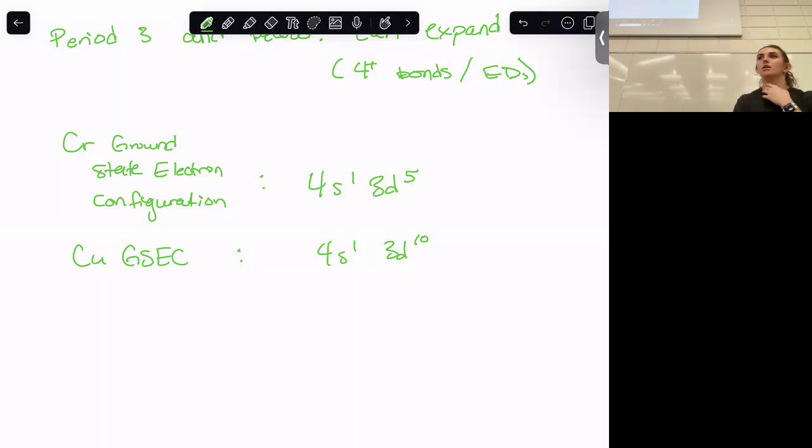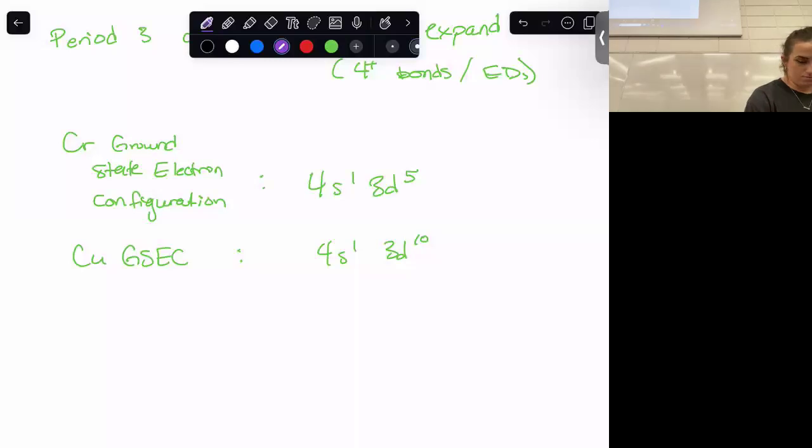So for those ones where the ground state electron configuration is different, whenever one of them gets excited, how do you know where they go? It'll probably come from the d orbital and it will stay like a 4s1, 3d4, 4p1, right?